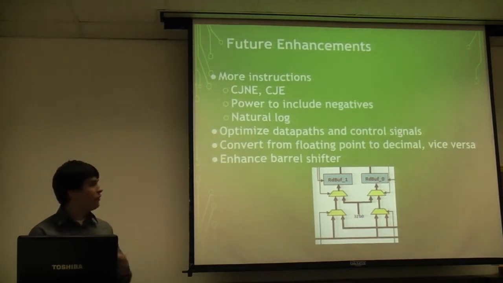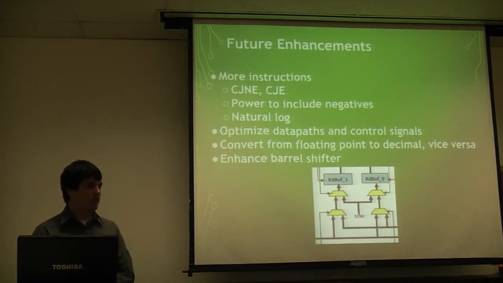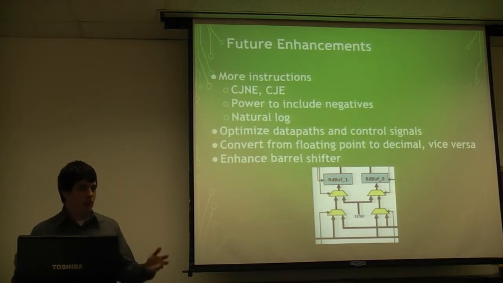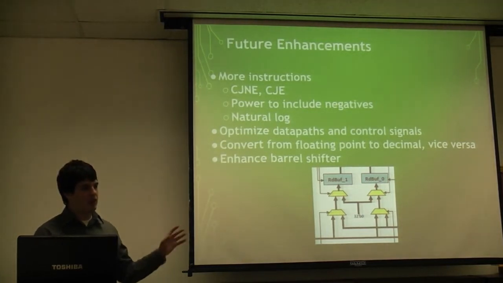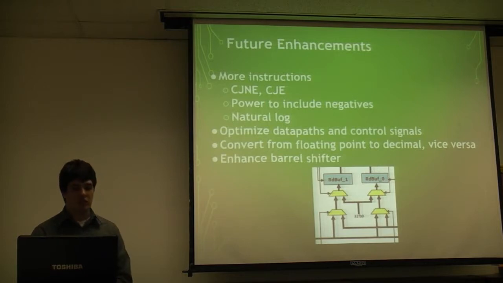And after we were able to dynamically adjust the base of a number, then we could pretty easily add a natural logarithmic function. That would all be in the floating point though. One more thing we would like to add is a conversion from the floating point data path to the integer data path. That currently does not exist.